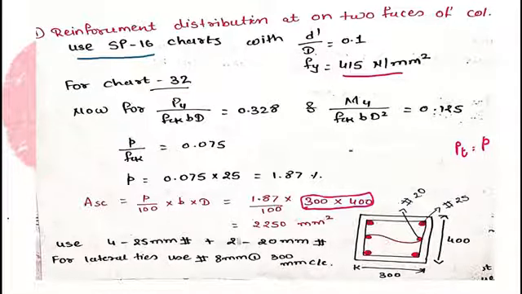First, the 25 mm bars, there are 4, so provide them at the 4 corners of the column, and the other 2 bars are provided at the center on the 2 sides of the column. Okay, in the lateral tie we are providing 8 mm bar diameter at 300 mm center to center, where 300 is the pitch of the lateral ties, which is the spacing between two ties in the longitudinal direction.